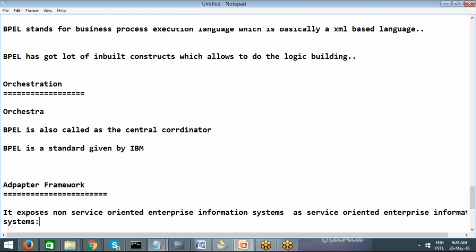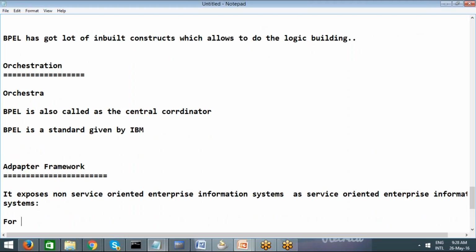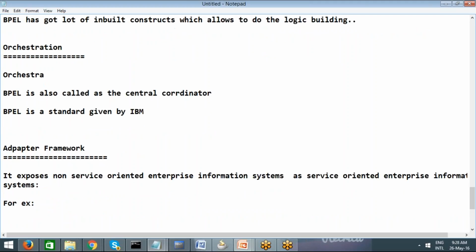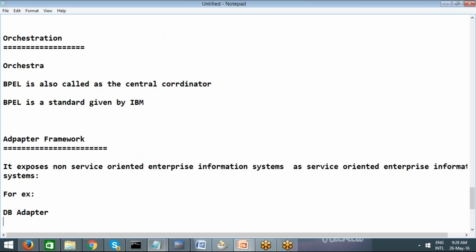For example, we have n number of adapters. We have the DB adapter, we have the file adapter.